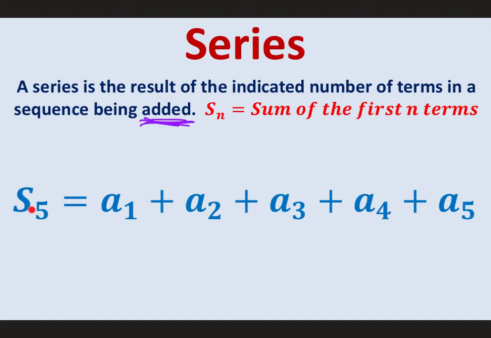In this example, S sub 5 means you add up terms 1, 2, 3, 4, and 5. You add them all up to get the first 5 terms of the series summed up. So when you see series or this S sub notation, it just means add up the sequence.